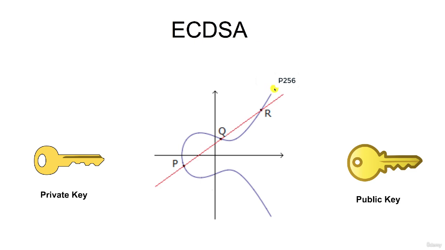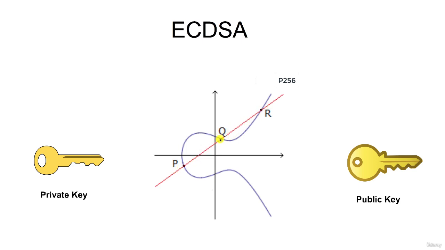We have a 256-bit elliptic curve. We use this curve to generate our private key and public key. For example, we have point P, and let's say that this is our private key. We'll refer to this coordinate to generate our private key. Then we'll create a line passing through our elliptic curve.